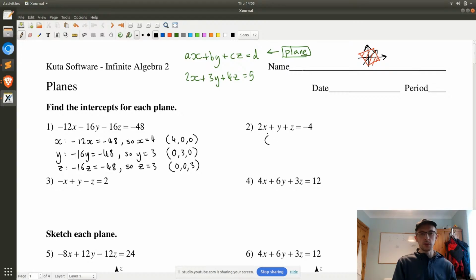Okay, so for this one, 2x equals negative 4. So x is negative 2, so negative 2, 0, 0. Same.